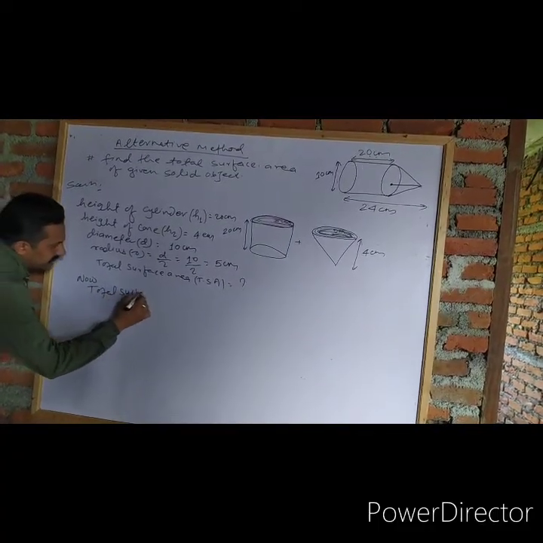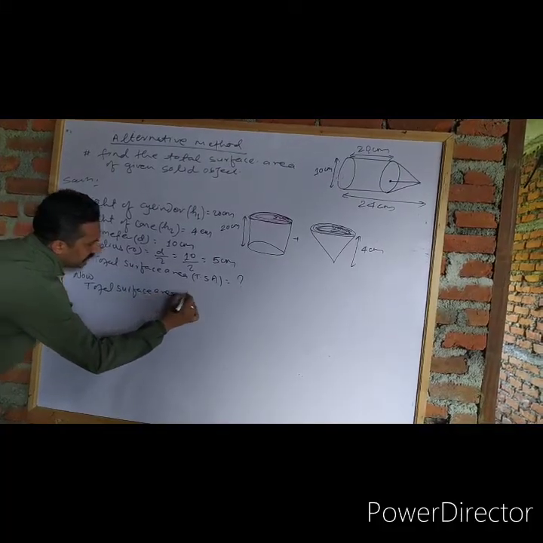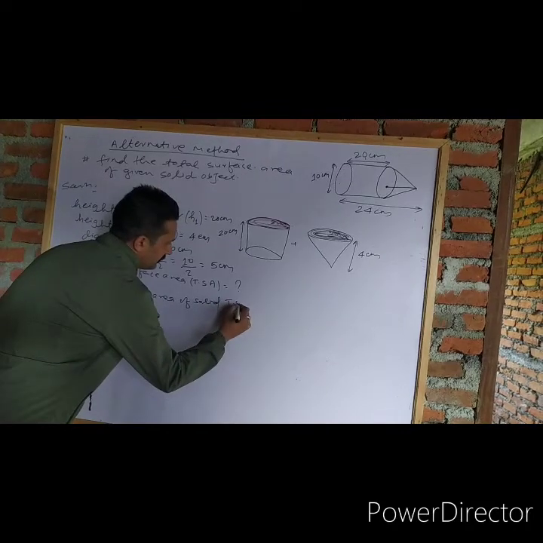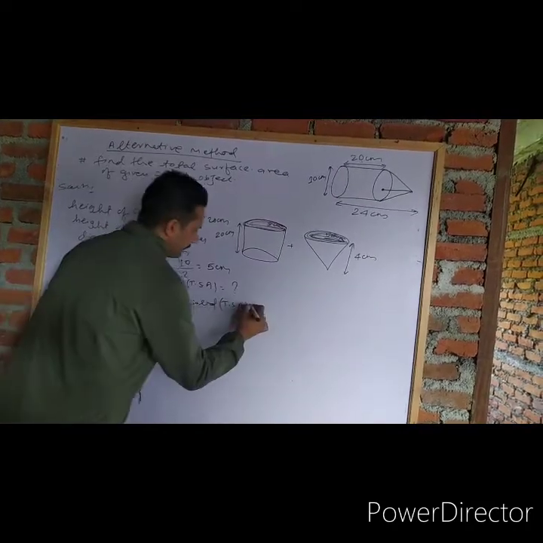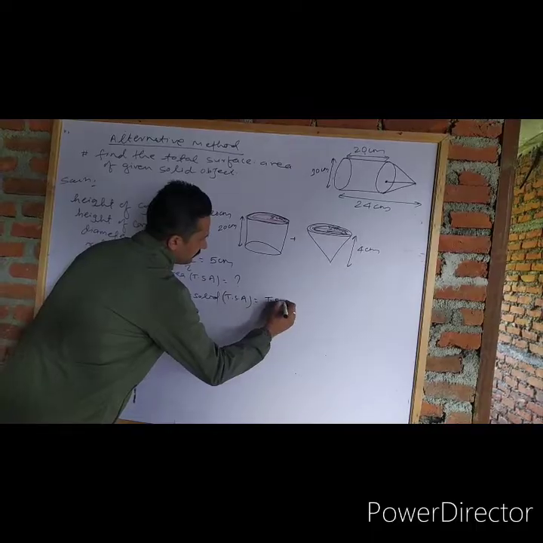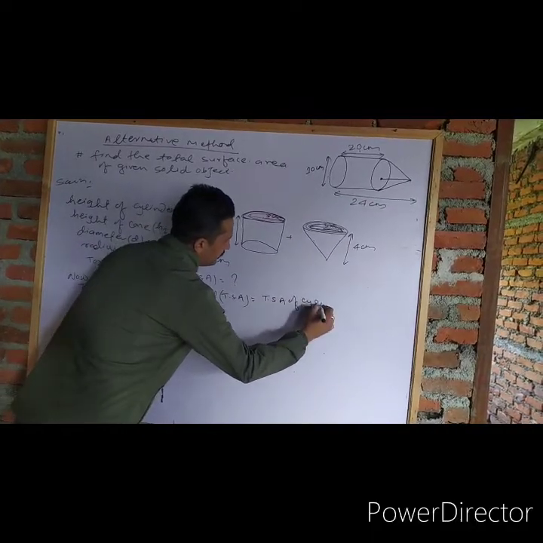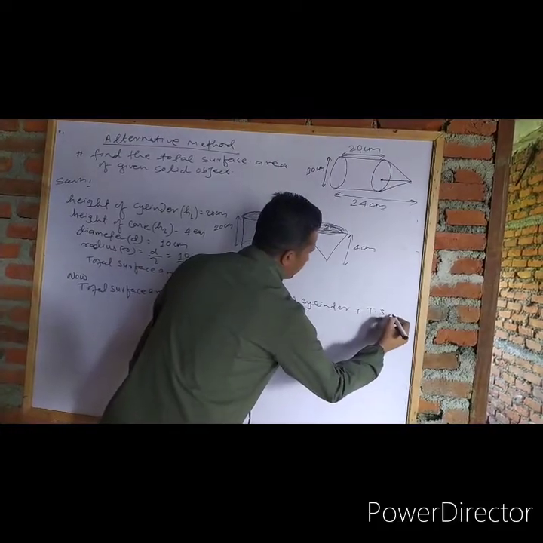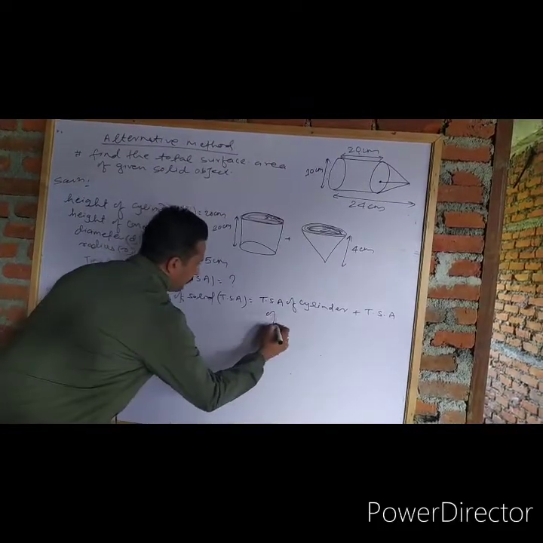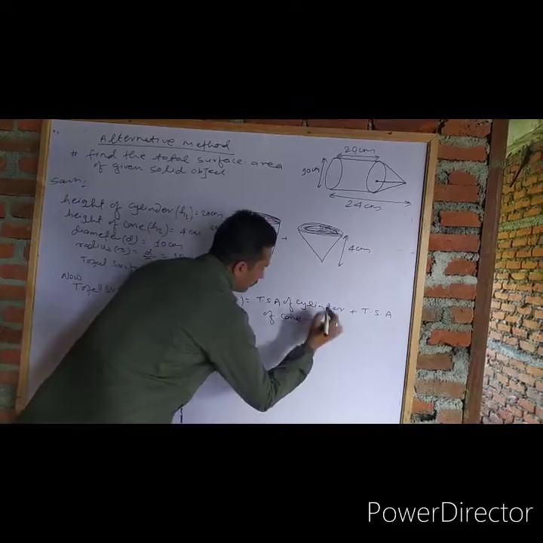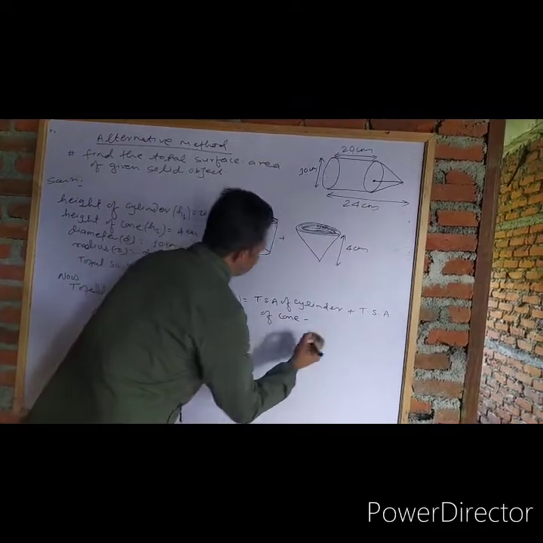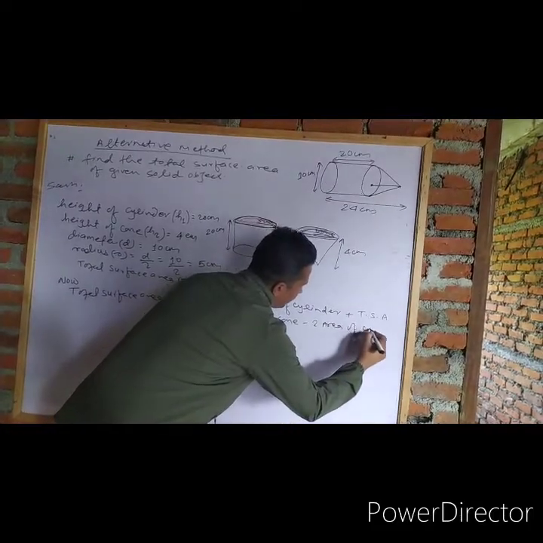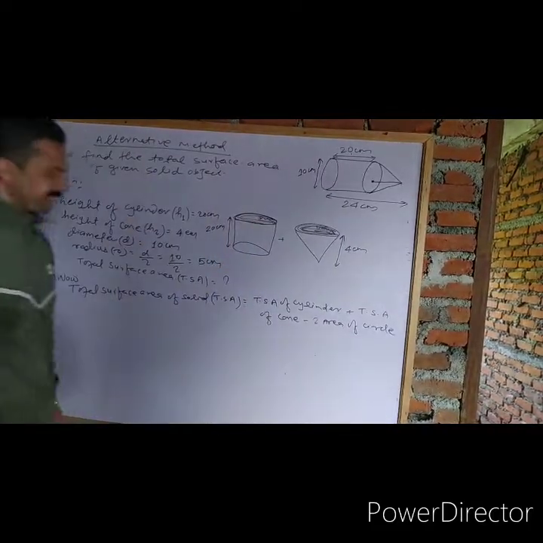Total surface area of solid, TSA equal to TSA of cylinder plus TSA of cone minus 2 times area of circle.